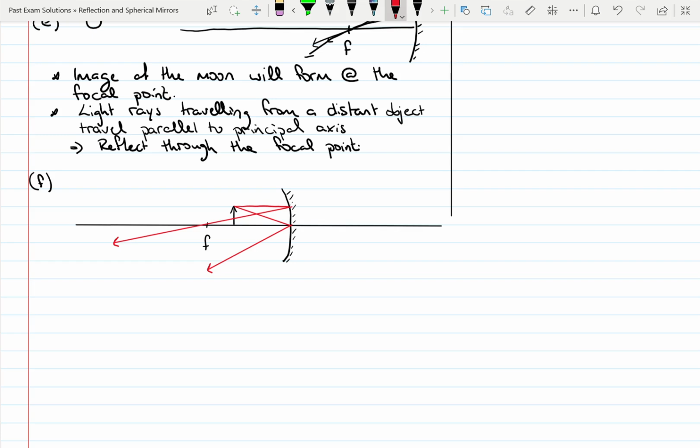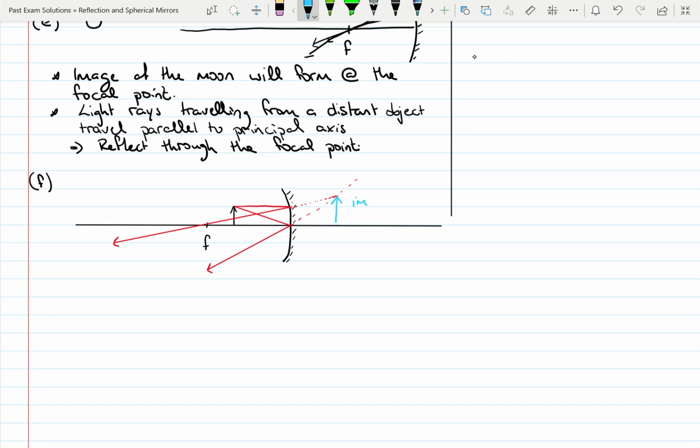So as a result, what we need to do is we need to trace these light rays backwards, and when we do that, we see that eventually they will meet at this point here. Okay, so it's at that point where the two light rays converge, that is where our image will form.